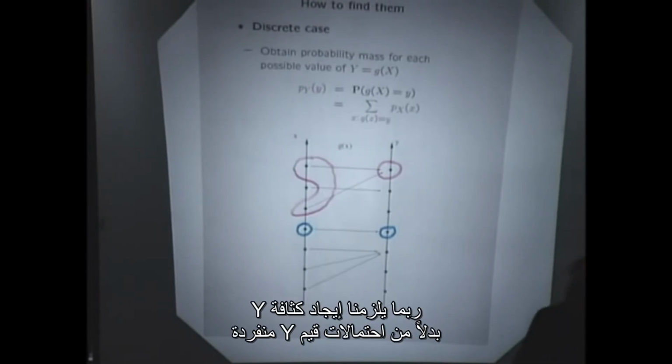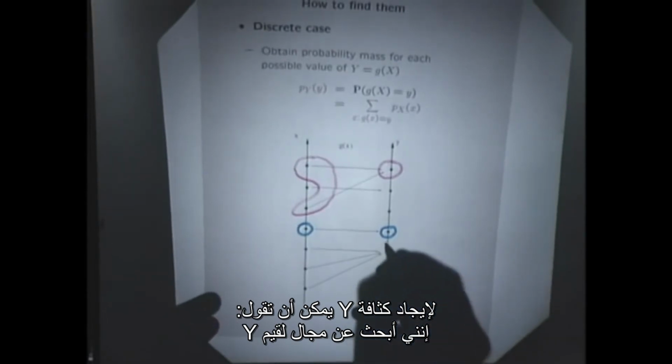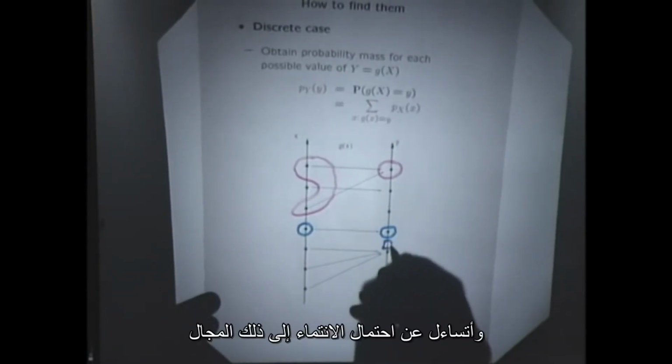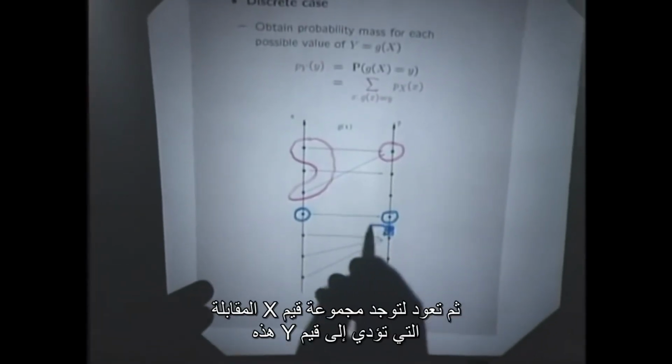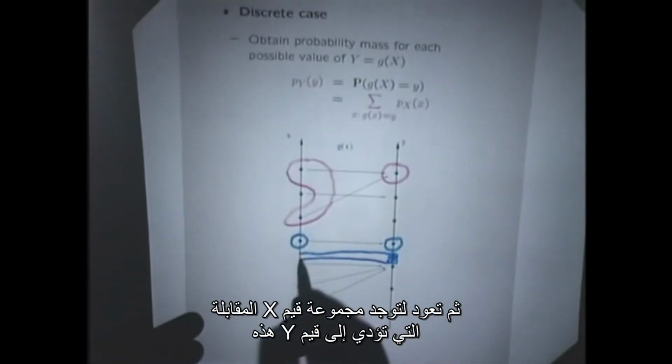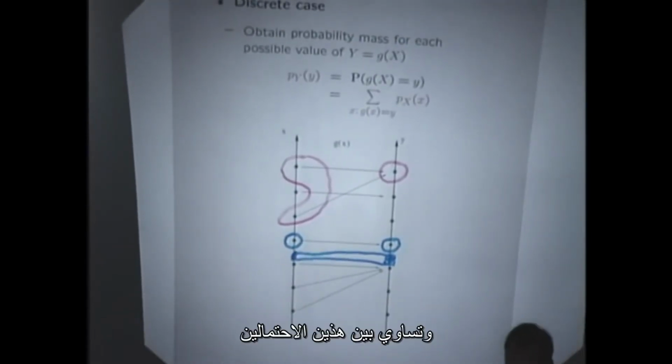We want to do something more. We want to actually find perhaps the density of y as opposed to probabilities of individual y's. So to find the density of y, you might argue as follows. I'm looking at an interval of y's, and I ask what's the probability of falling in this interval. And you go back and find the corresponding set of x's that leads to those y's, and equate those two probabilities.